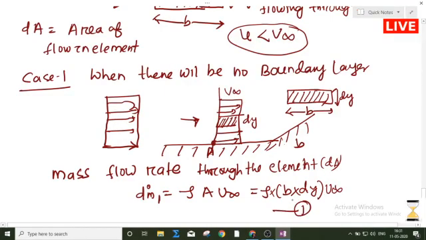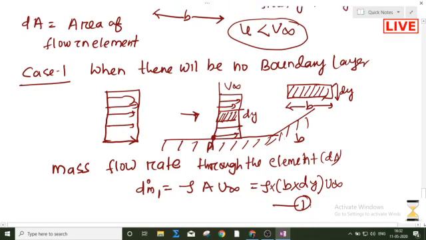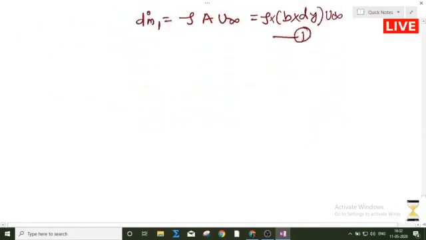This equation gives the rate of mass flow when there is no formation of the boundary layer. Now the second case, if there is a formation of the boundary layer. What will happen? Definitely there will be a reduction in mass flow rate, due to the reduction in velocity.